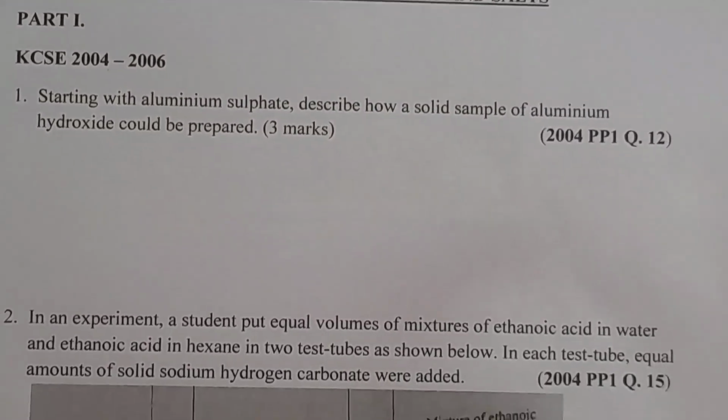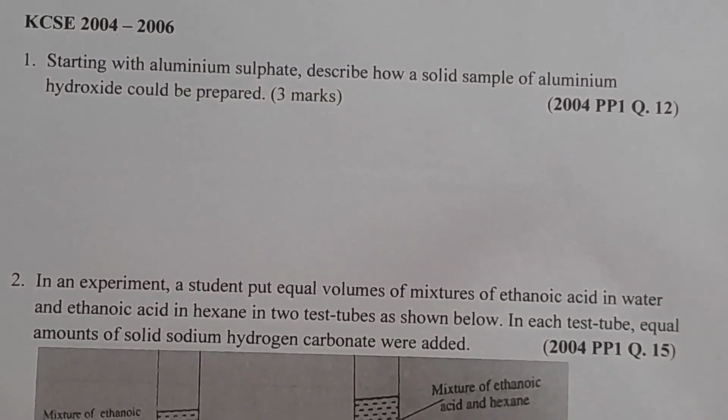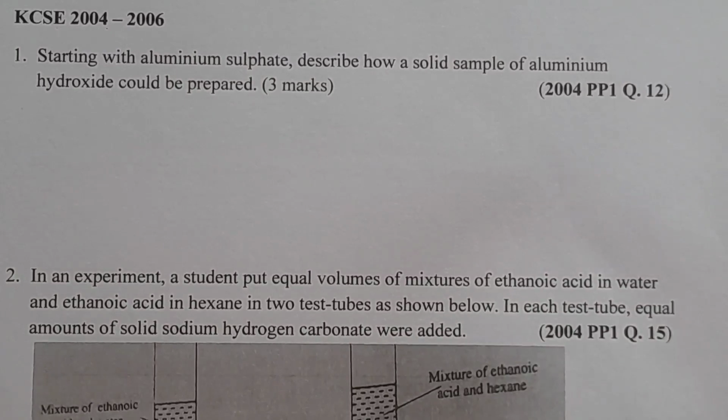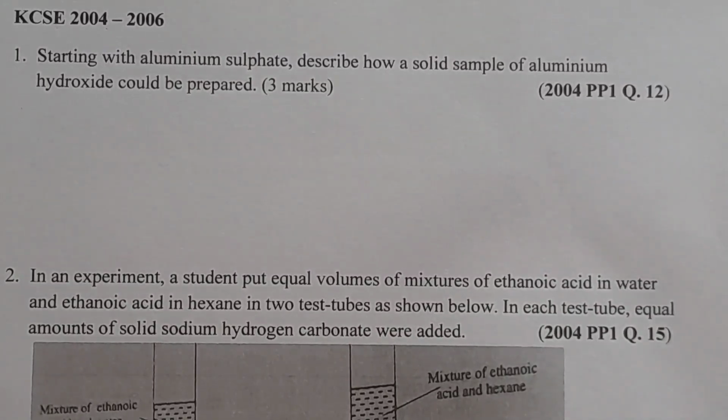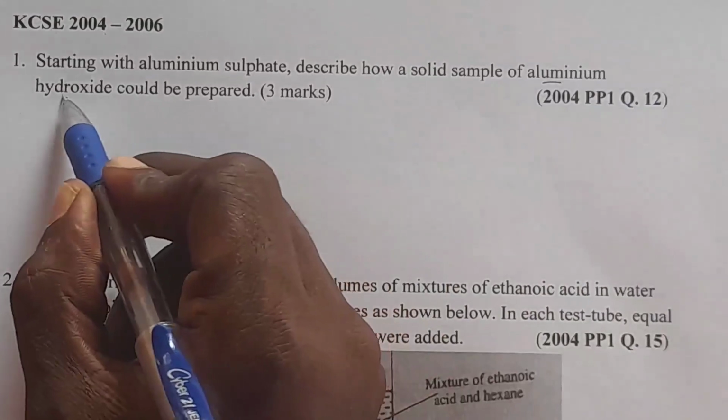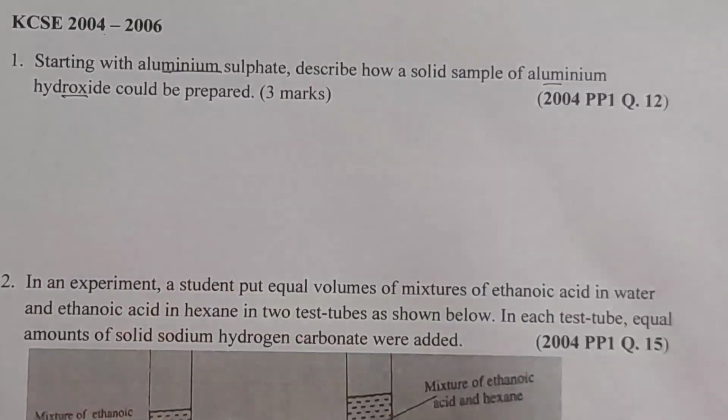We are told, starting with aluminum sulfate, describe how a solid sample of aluminum hydroxide can be prepared. So how are we going to prepare aluminum hydroxide? You are supposed to start with the aluminum sulfate.